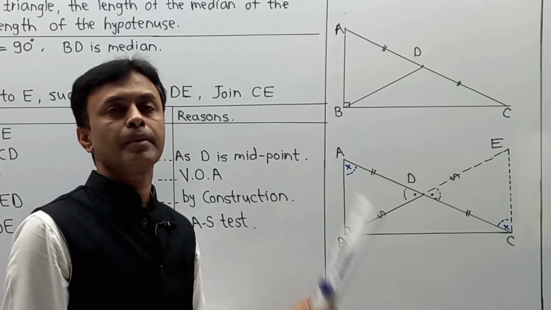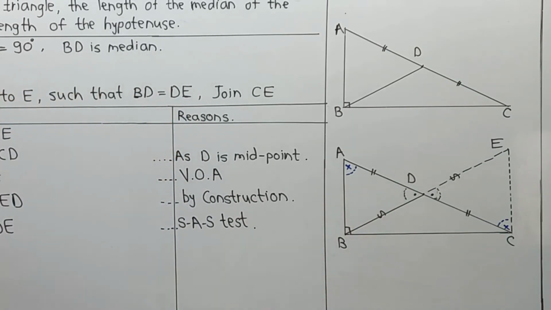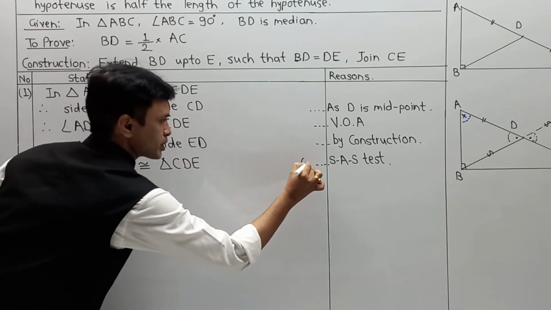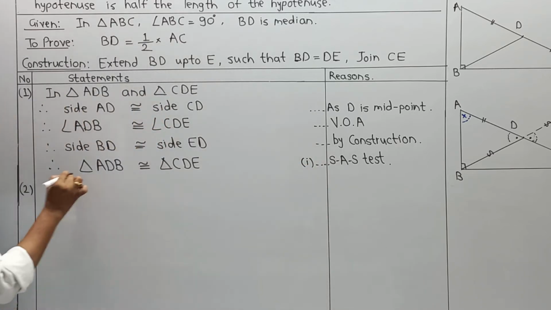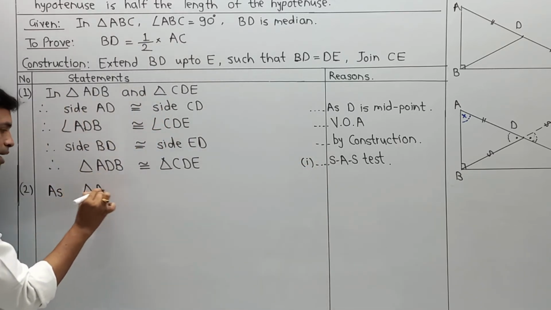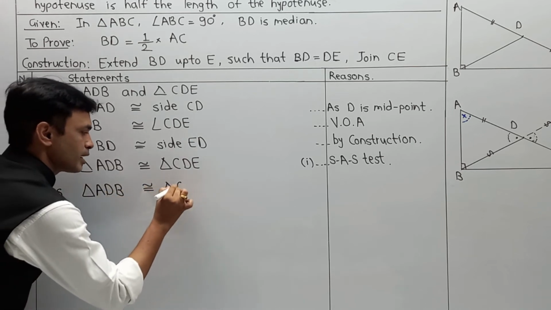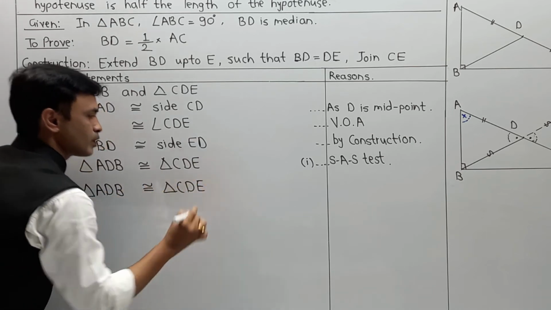Now we are going to write that part in the second group. So the part is, as I am going to give it as equation number 1, triangle ADB is congruent to triangle CDE from 1.